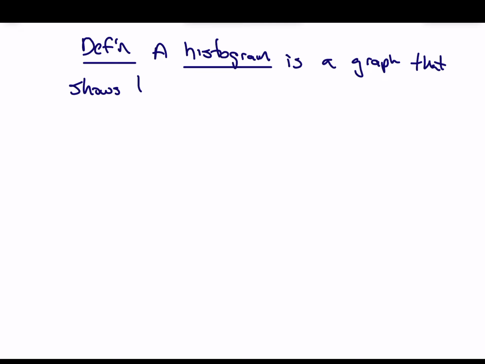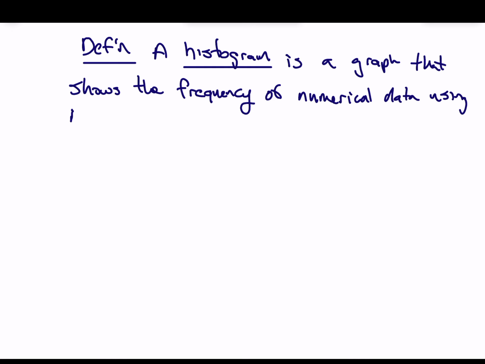Definition. A histogram is a graph that shows the frequency of numerical data using bars or rectangles.